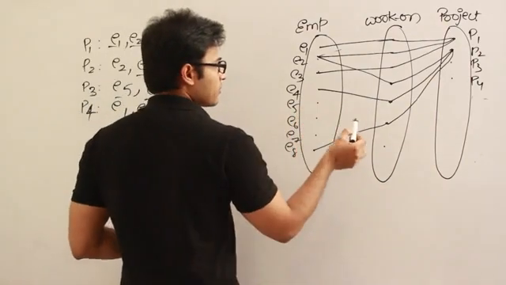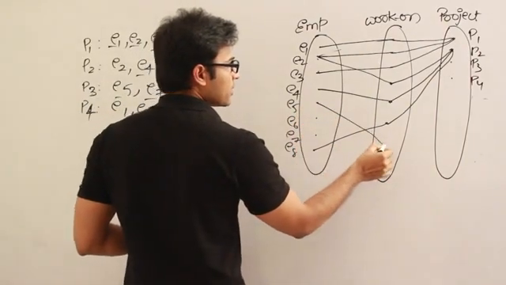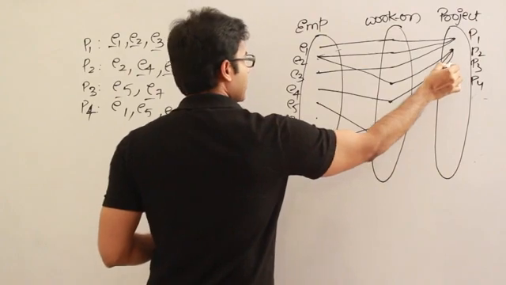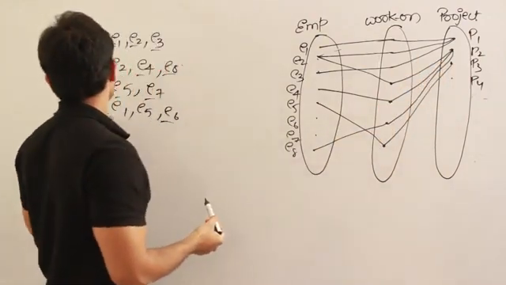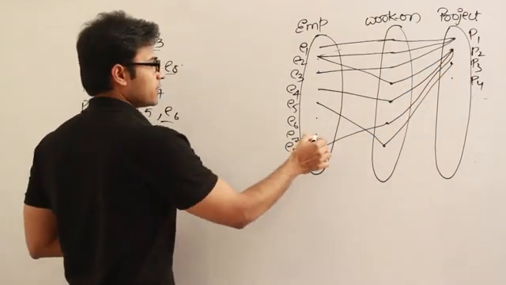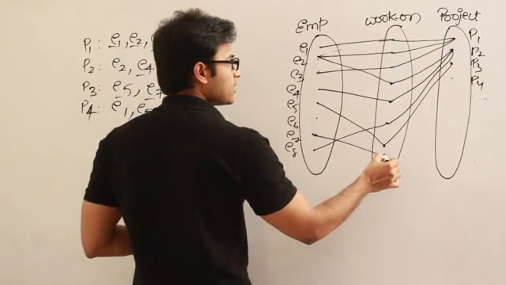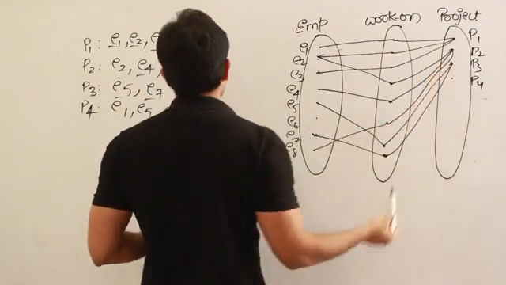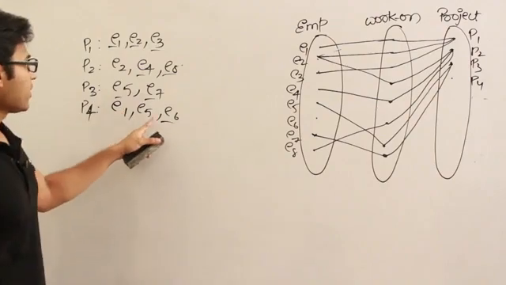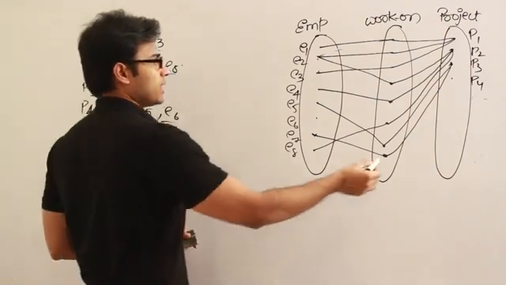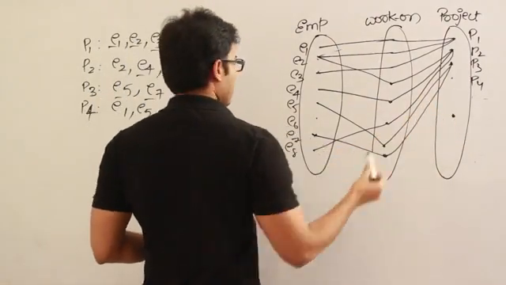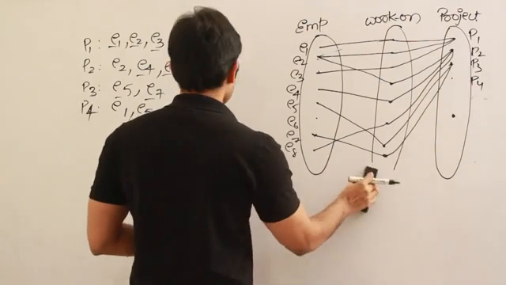So E5 is related to P3 and again E7 is also related to P3. And then E1, E5 and E6 are related to P4. Let us say P4 is here, right?